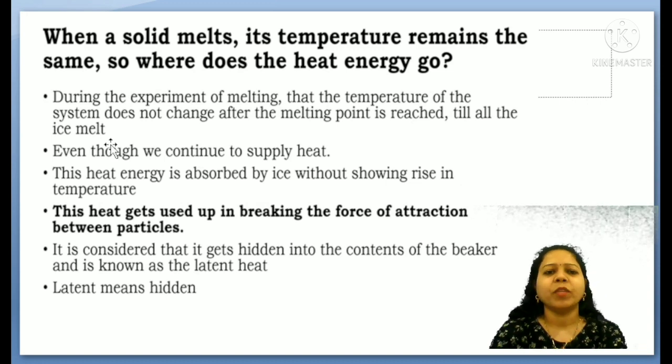Why is this happening? Even though we continue to supply heat, this heat energy is absorbed by the ice without showing a rise in temperature. This heat gets used up in breaking the force of attraction between particles.